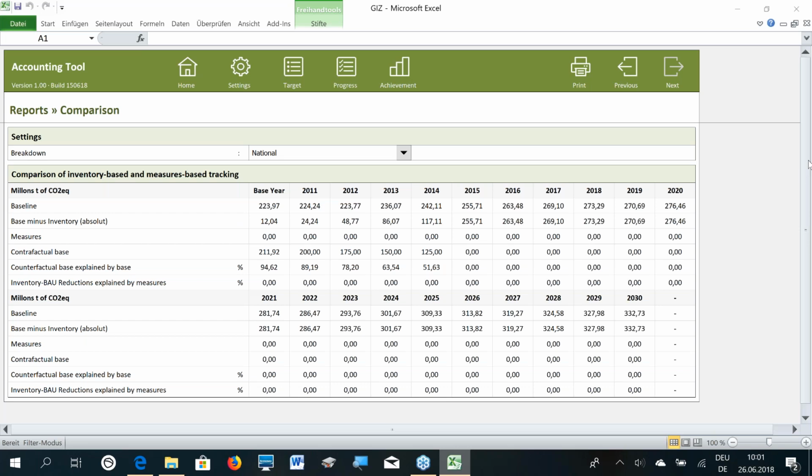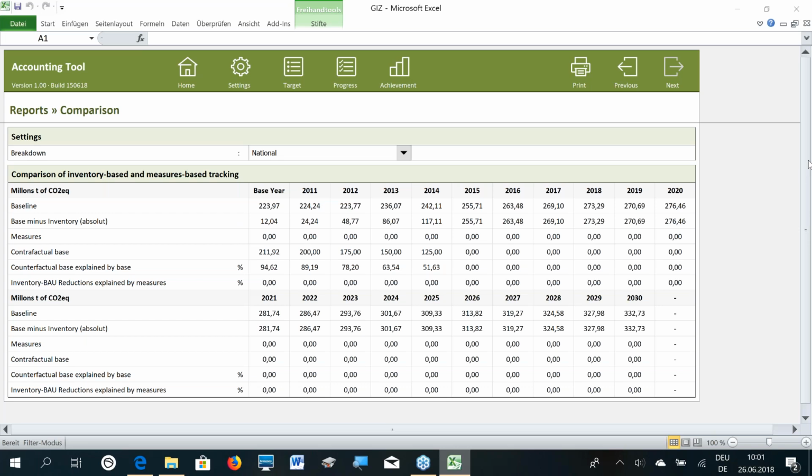So if you don't have those sectoral responsibilities, you might have just the environmental ministry being responsible for ensuring the implementation of the NDC and doing the tracking of the progress of the achievement. Then this is no problem at all.